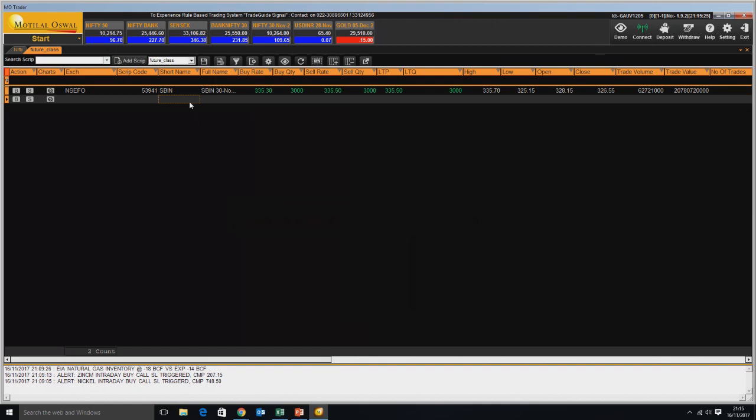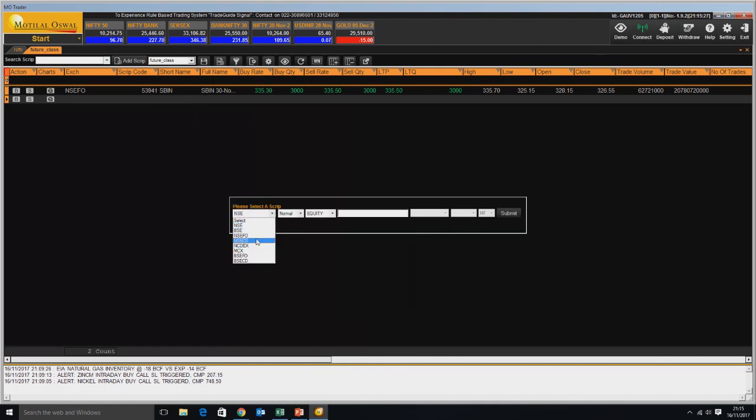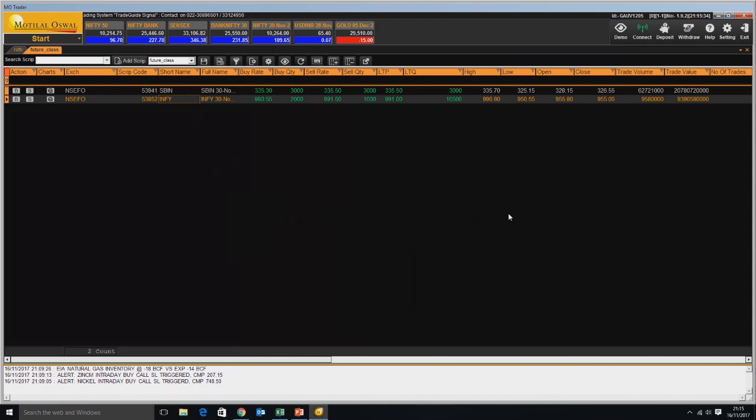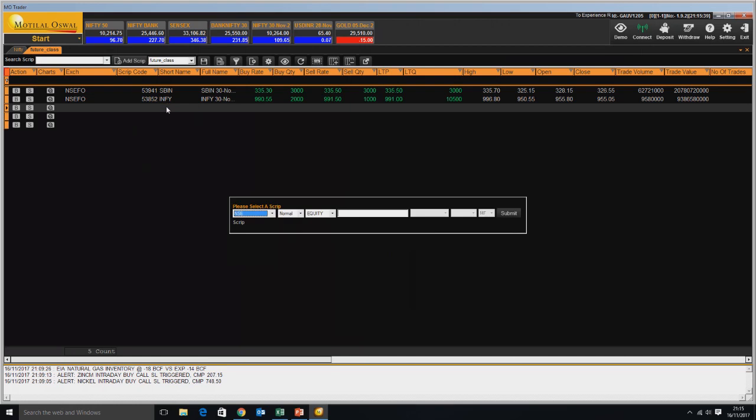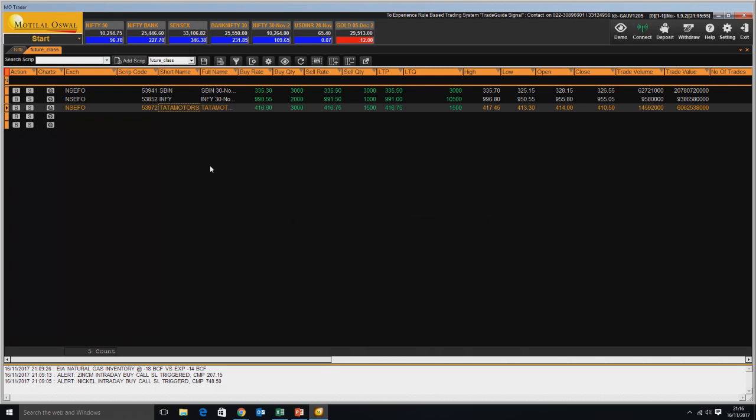Okay, just rewrite it: NSEFO, future stock, INFY, current month, submit. Now I'm interested in some other scripts, say something from the automobile industry, say Tata Motors. NSEFO, future stock, Tata Motors, current month. So I have got three stocks: SBI, Infosys, and Tata Motors.